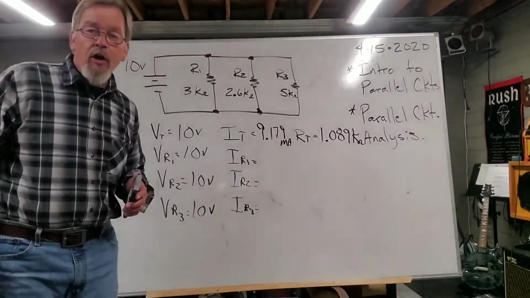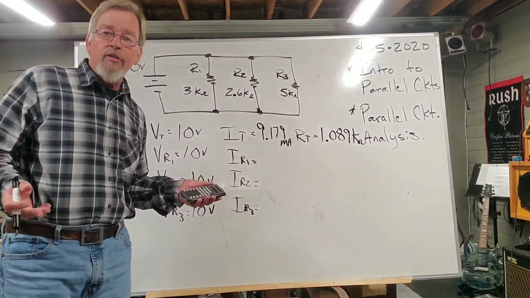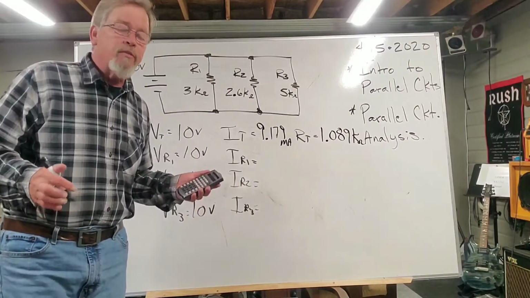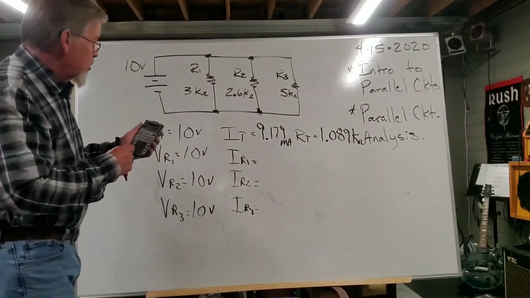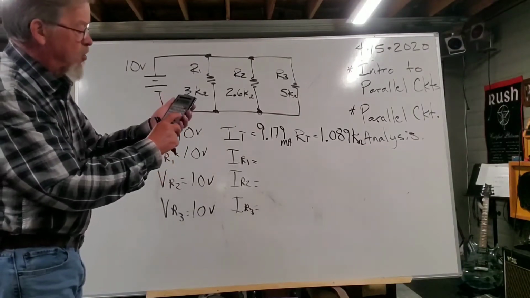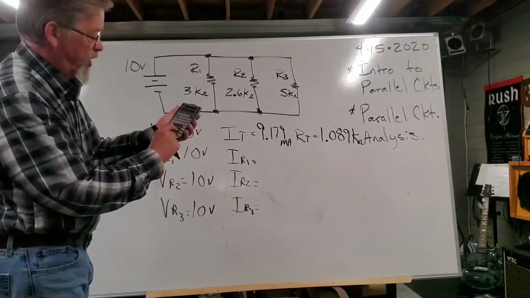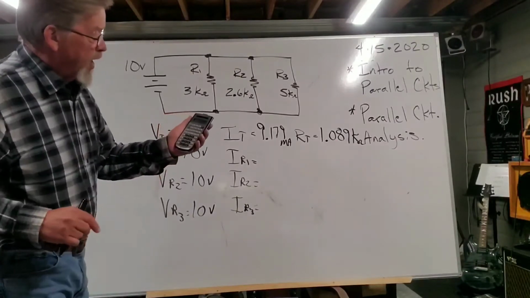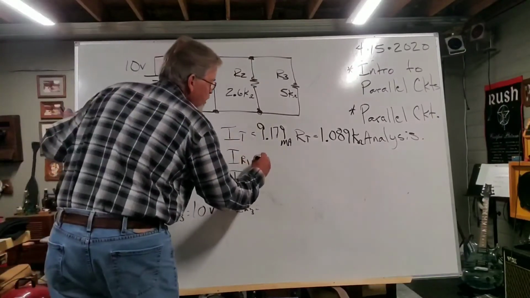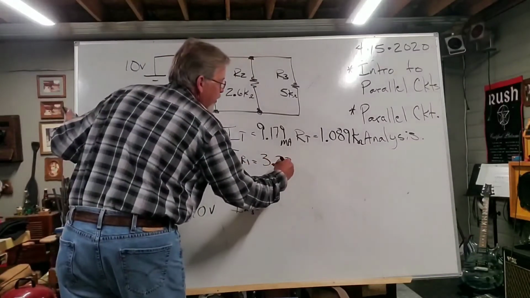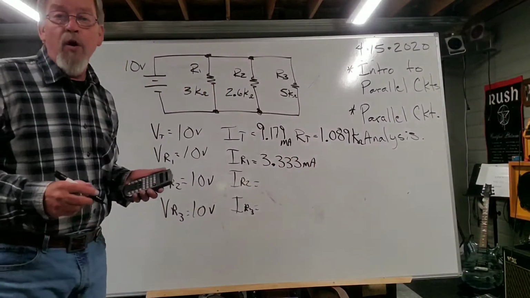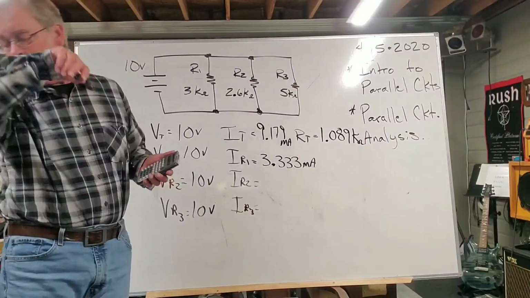So now to find our individual currents, all we do is take the voltages divided by the individual resistances. So we're going to take the 10 volts divided by the 3 kilo ohms, divided by 3 EE3. That gives me 3.333 milliamps. We got the 10 volts and the 2.6 kilo ohm.